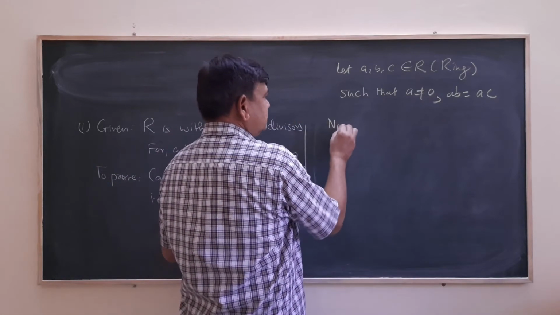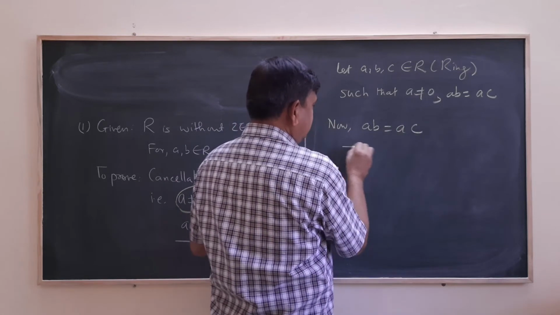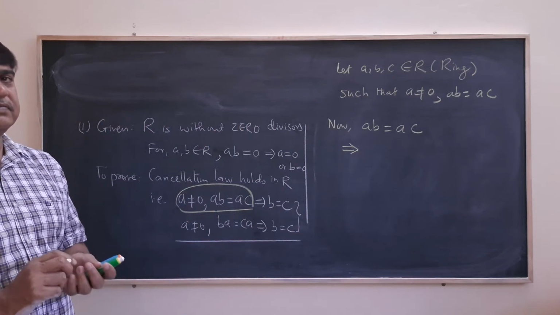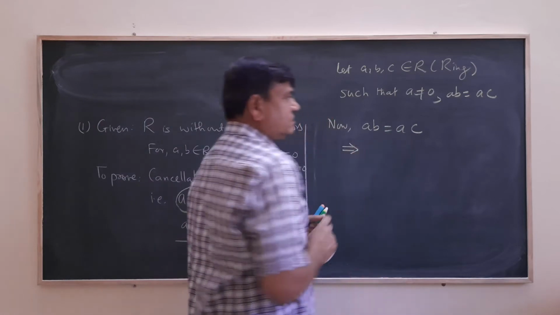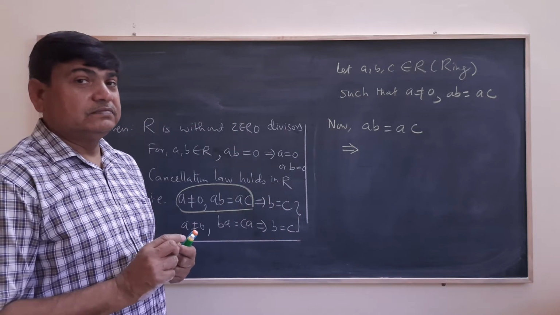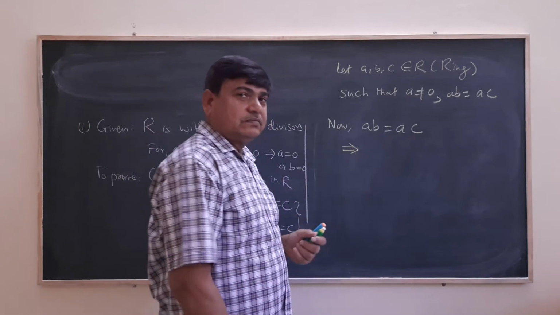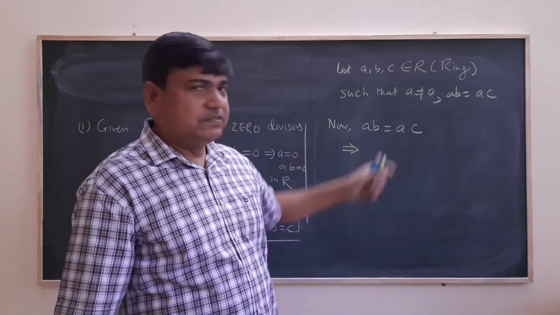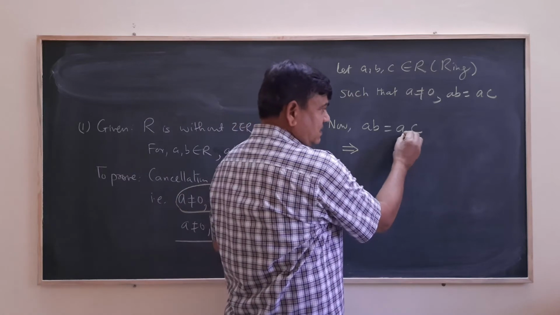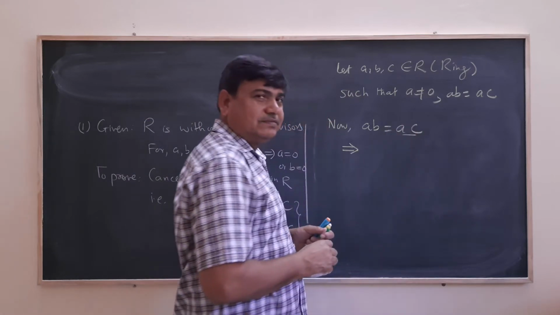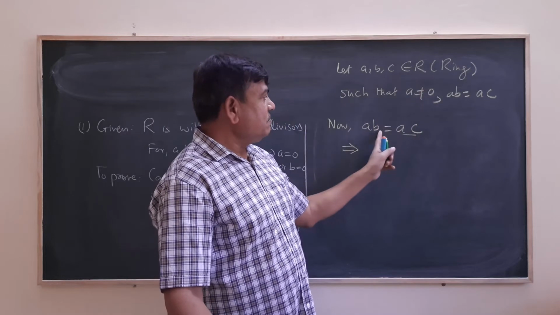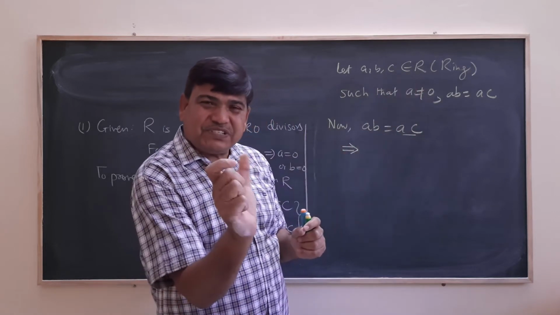Now, AB equals AC implies अब ट्रांसपोज कर लो इसको, करते आए हैं, काट दो इसको, काटते आए हैं, नहीं, इसे आपको यहां से हटाना है। कैसे हटाओगे? ध्यान रखना है, A is the member of R, B is the member of R, so AB means composition, multiplication, composition.